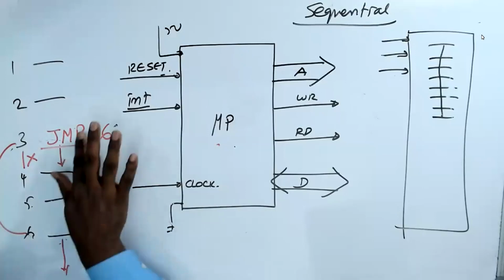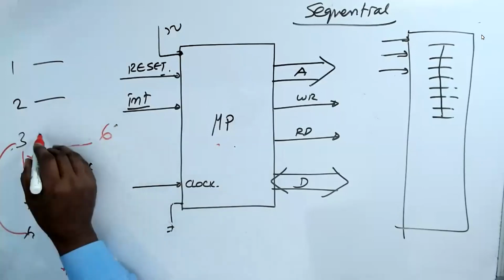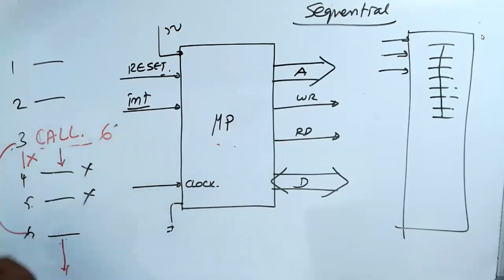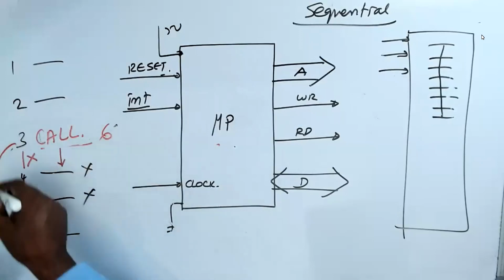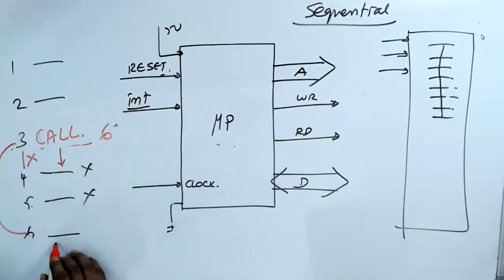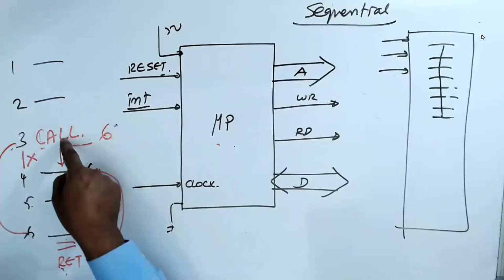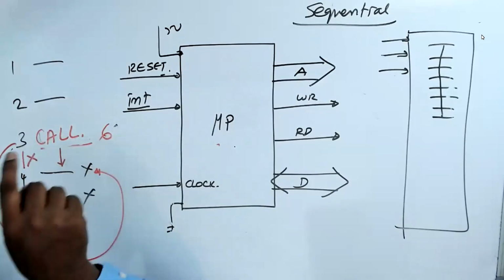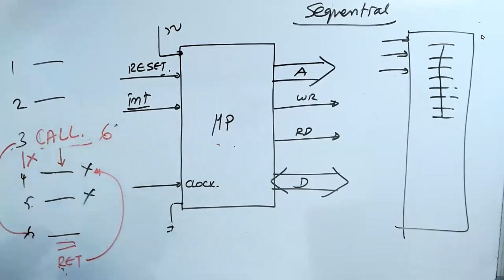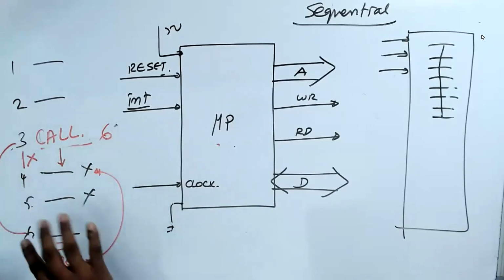But instead of jump, if you use call 6, it goes there, and when it executes the instruction called return, it knows it has to go back to 4. It remembers where the next instruction is when you call. So there's a big difference between call and jump.